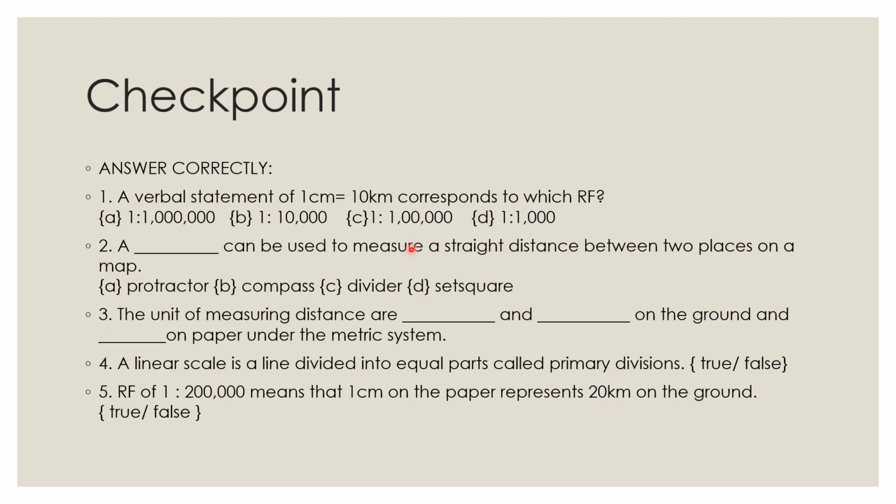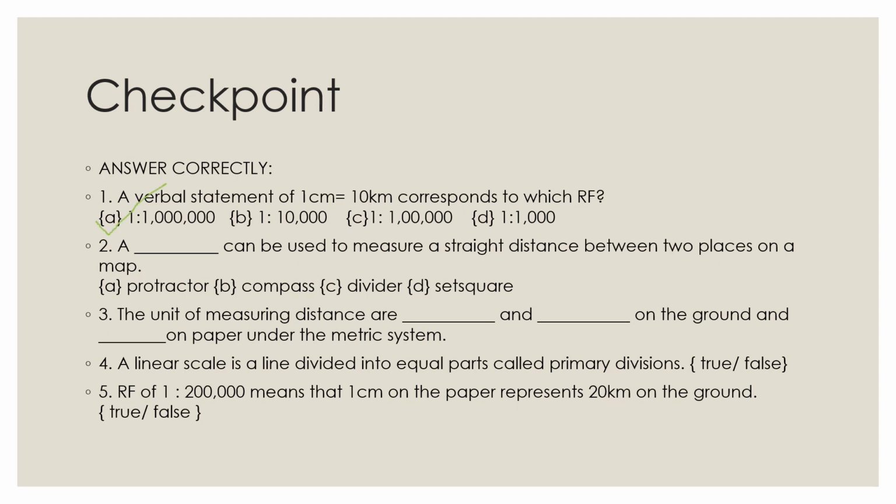So both of them should always be in centimeters. So as per 1 centimeter equals 10 kilometers, 1 should be on the left side of the ratio, and on the right side it should be 1 million. So the first option is right for this question.